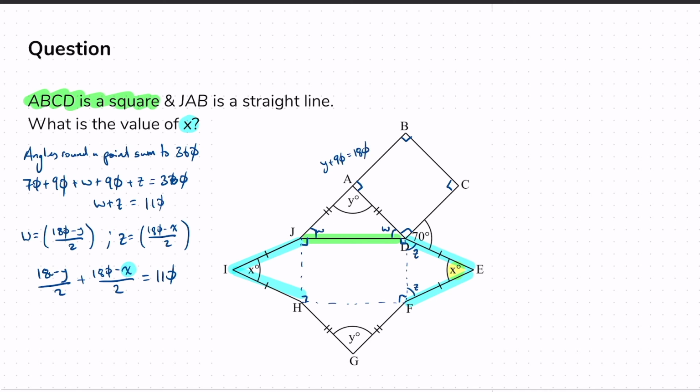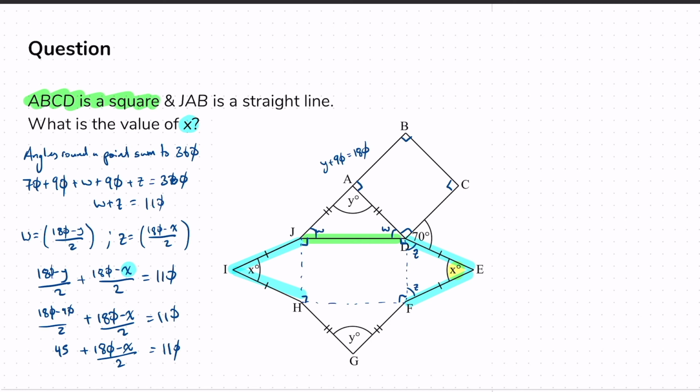So if that's true, it's going to be 180 minus 90 over 2, plus 180 minus X over 2, equal to 110. 180 minus 90 is 90, divided by 2 is 45. Okay, so 45, let's move that to the other side: 110 take away 45.